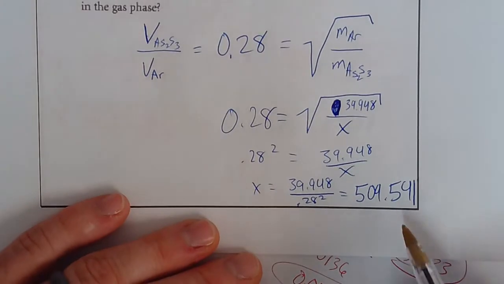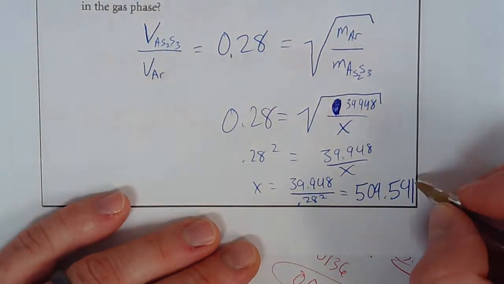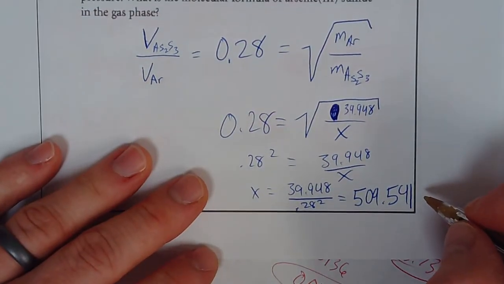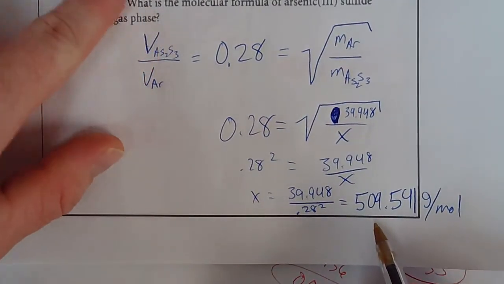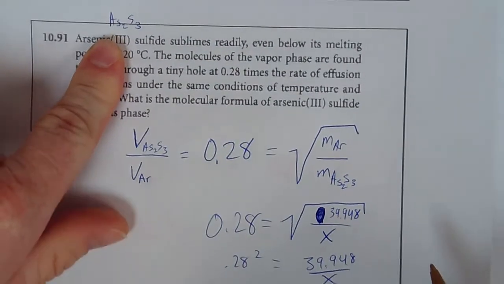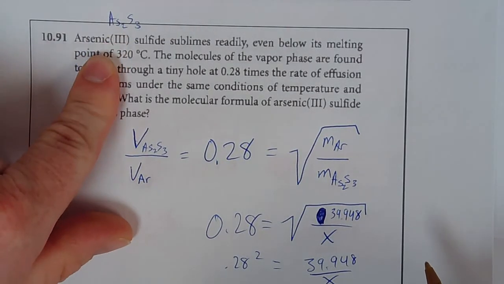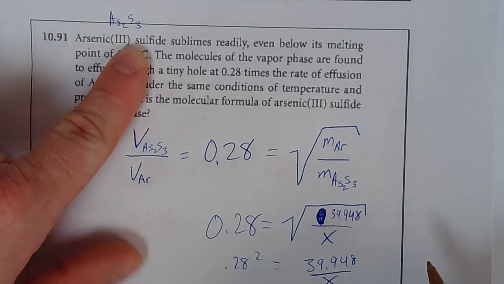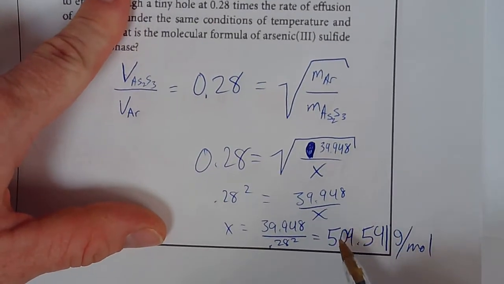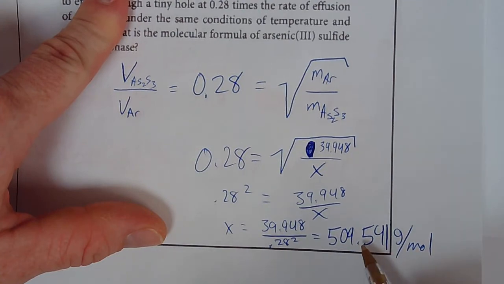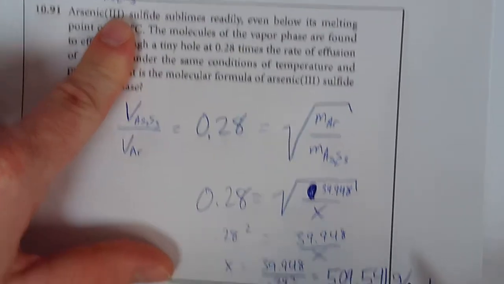Now, this is going to be useful to us because we can take this and compare it. Up here, I wrote As2S3 for the arsenic 3 sulfide. And how could I confirm or possibly not confirm that As2S3 is the right formula?